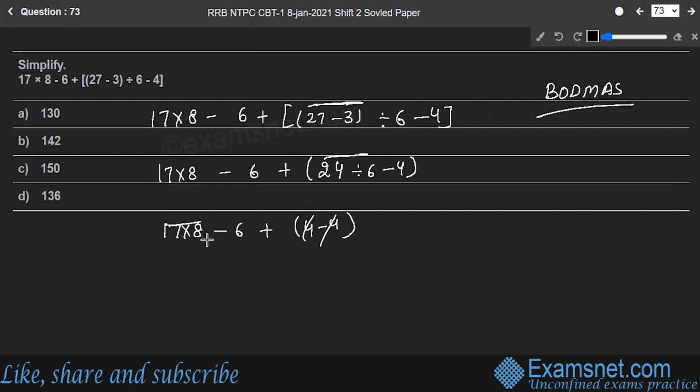So next is 17 multiply 8. 17 multiply 8 will give me 136 minus 6, that is equal to 130. So I have option A as the answer.